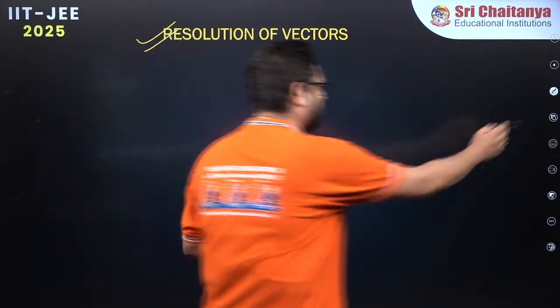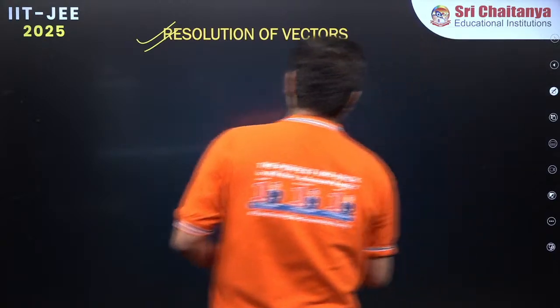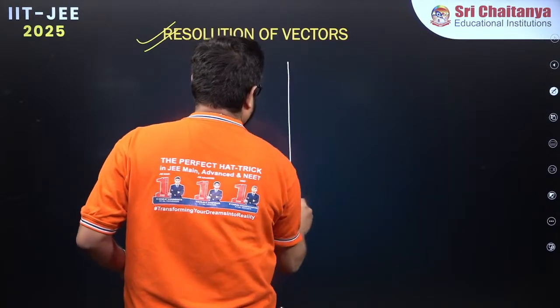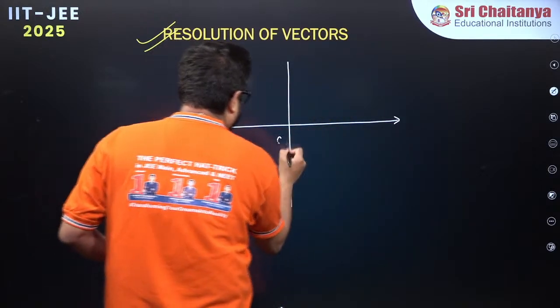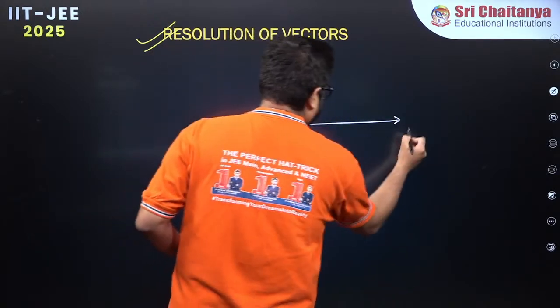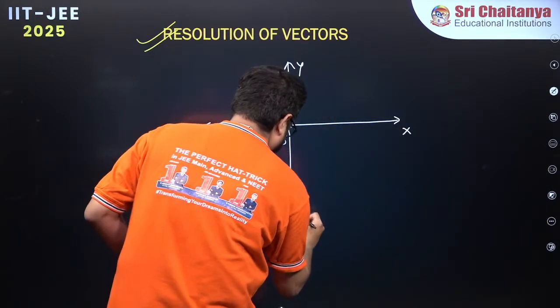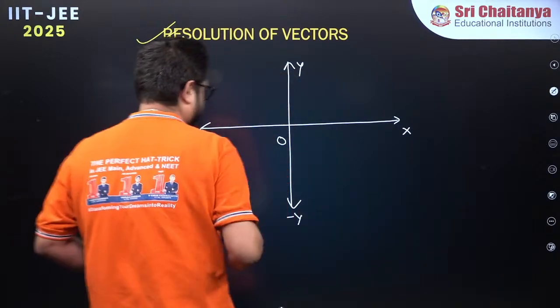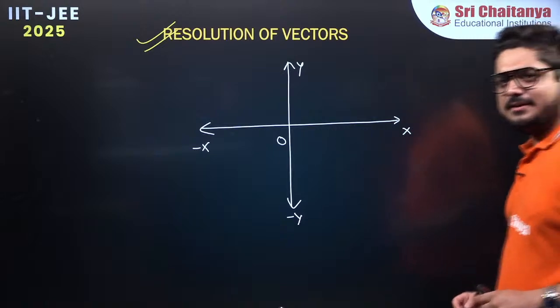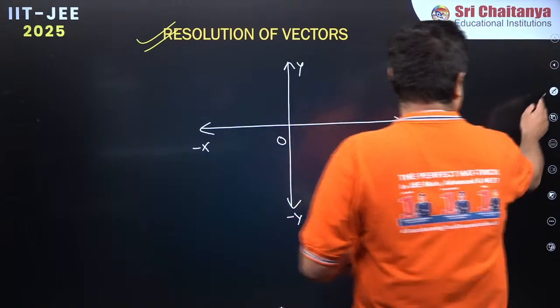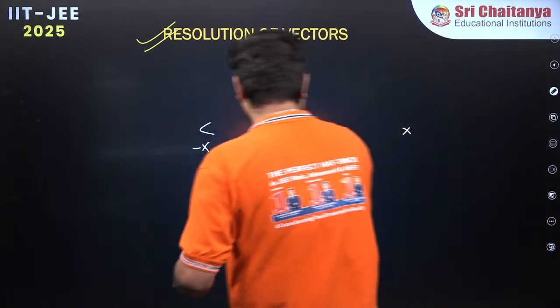So what I am trying to do is draw a Cartesian plane. Everyone knows about a Cartesian plane, right? So this is the y-axis, this is the x-axis. This is the negative y-axis, this is the negative x-axis. I hope it's clear. This is how we can draw the Cartesian plane, everyone. Those who are in favor of this Cartesian plane can give a thumbs up.